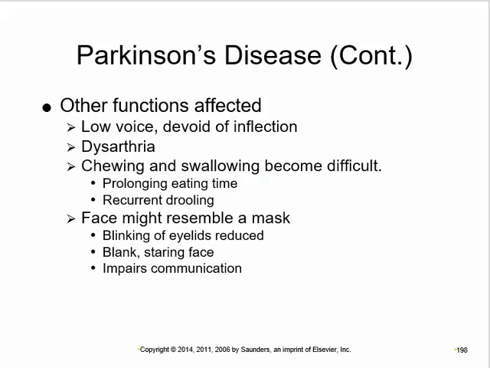They have trouble with inflection of the voice, so they tend to start to speak very deliberately, and they don't have much inflection at all. Joints get really stiff and sore. Often drooling's a problem because they have trouble swallowing. Blank face is a big problem.